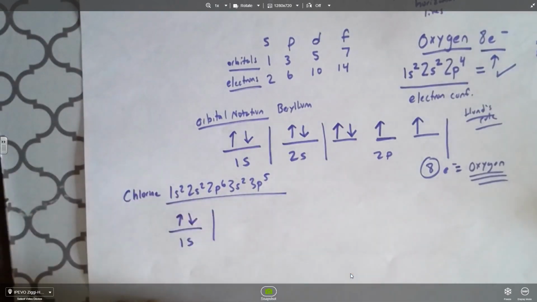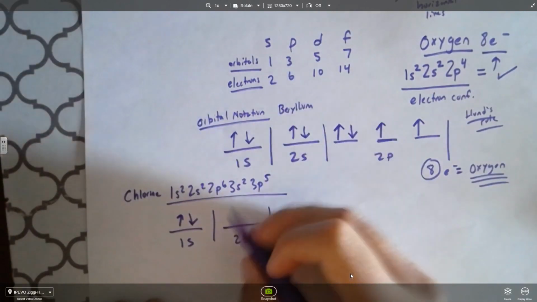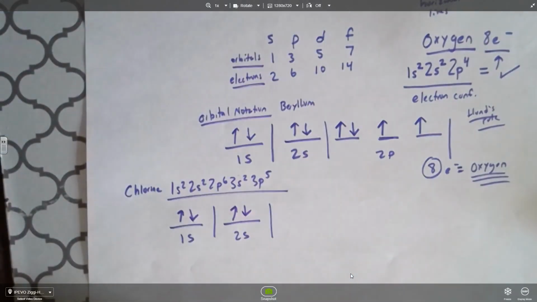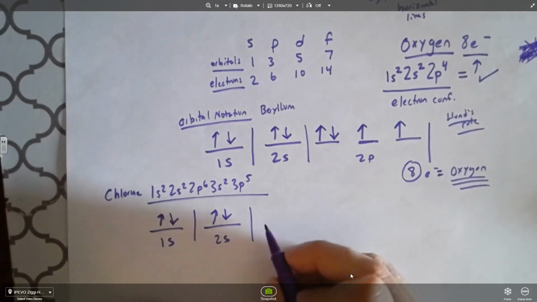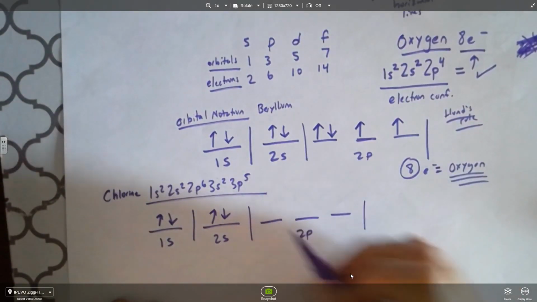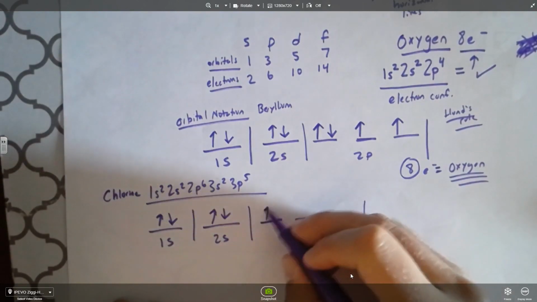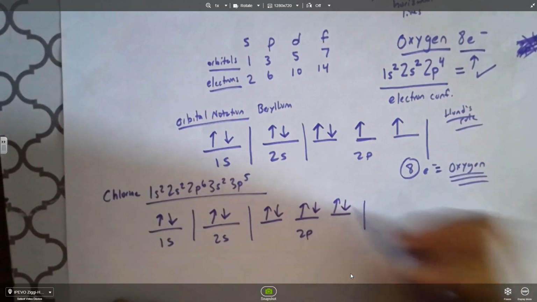We need both electrons in it. 2s has also 1 orbital because it's s. The number out front does not tell you the number of orbitals. It is the letter s, p, d, or f. The number out front is your principal quantum number. So next is 2p. There are 3 orbitals for p. Now we have to fill up this. So we go up, up, up, down, down, down.